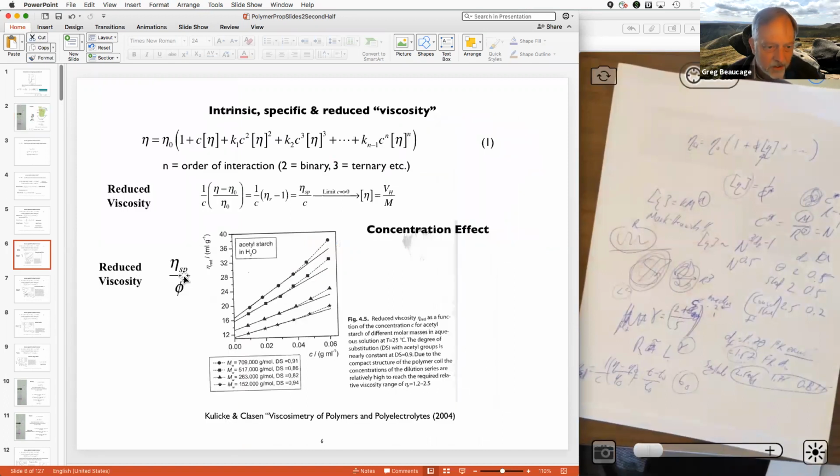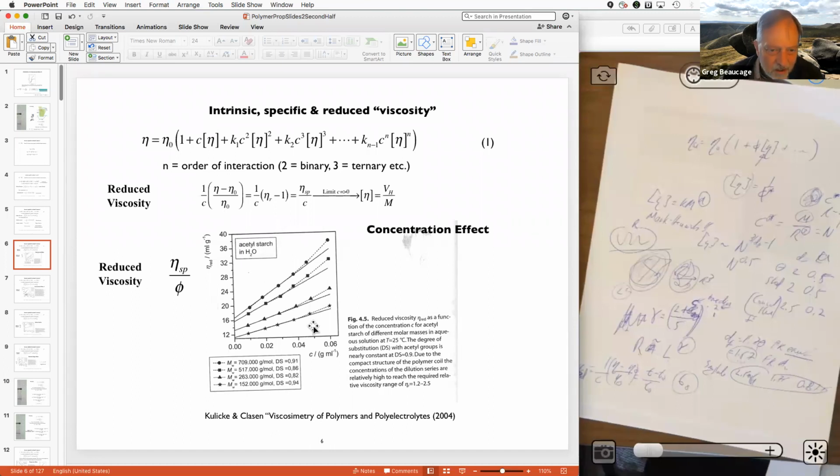So the reduced viscosity versus concentration gets a straight line, and the intercept at 0 concentration is the intrinsic viscosity. Let's see, no, the slope of that's the intrinsic viscosity. The intercept is the solvent, should be the solvent viscosity. Right, so from the slope, you'll get the intrinsic.